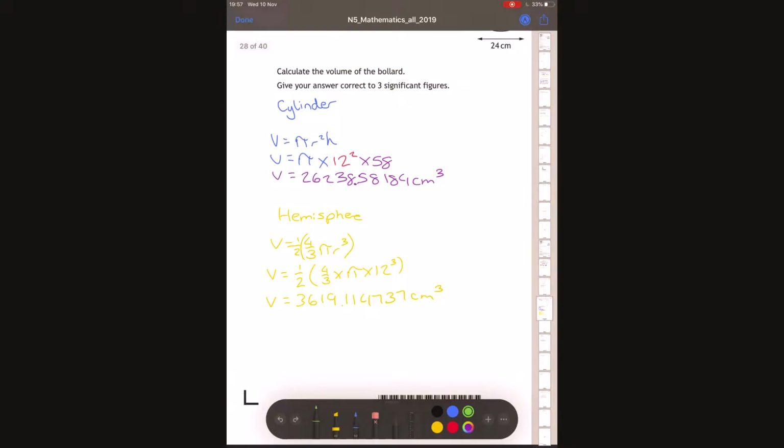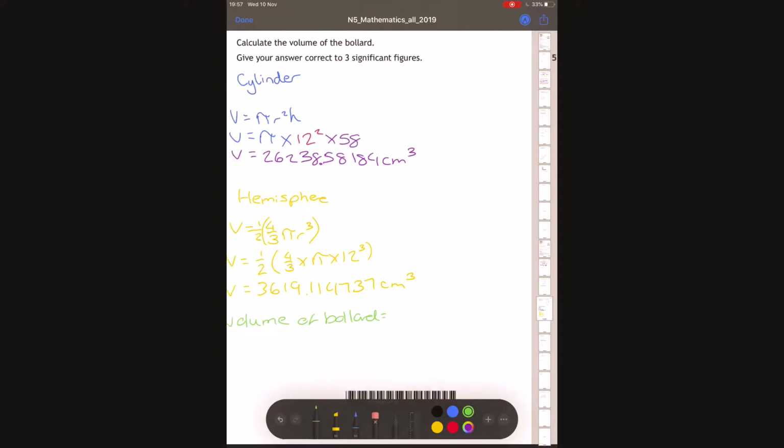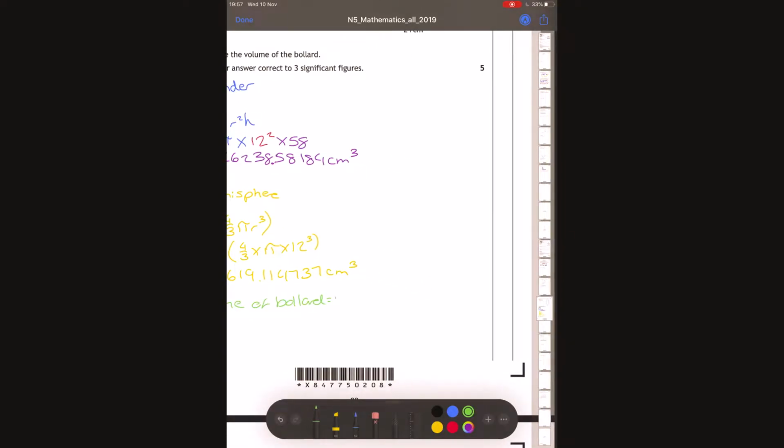So then we're going to add these two together. Volume of bollard is equal to volume of cylinder plus volume of hemisphere.